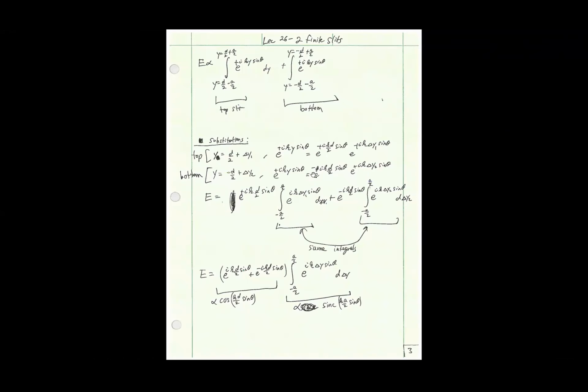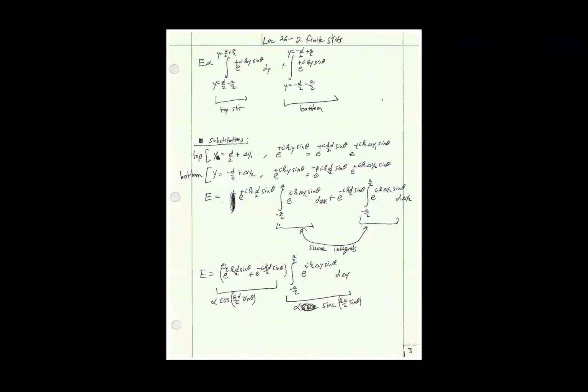And down here we get e to the minus ik d over 2 sine theta times, again, e to the ik delta y sine theta. And so we break all of that up, and we've just got this exponential factor times this integral plus a different exponential factor times the same integral. All right? So you've got the sum of two exponentials multiplied by this integral.